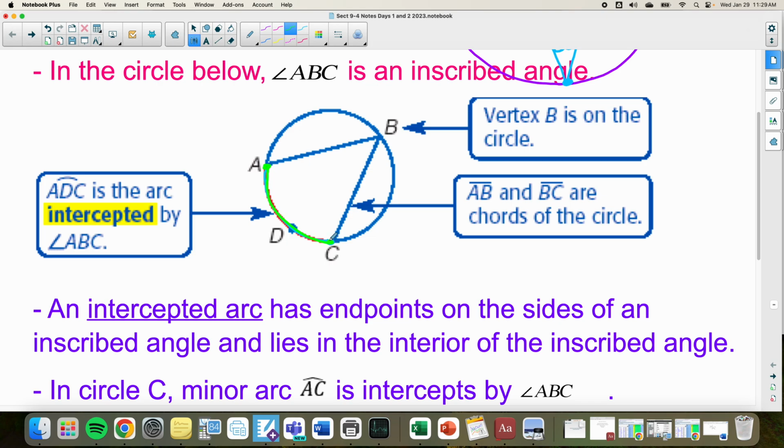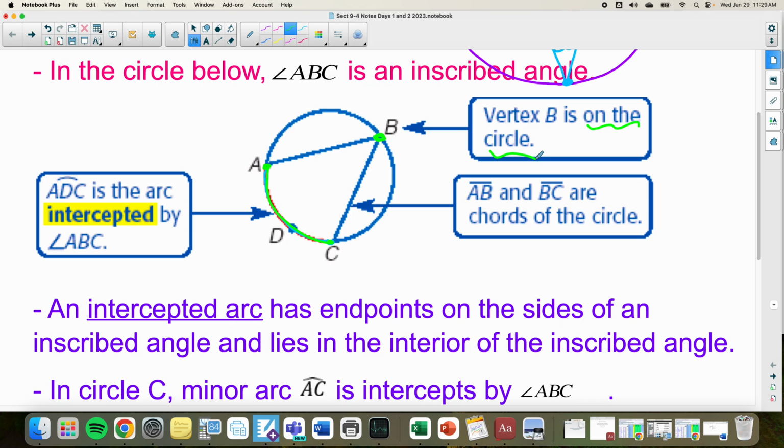Notice these two are chords, and for something to be an inscribed angle, the vertex has to be on the circle, okay? So the only way that you can use this is if you have an angle where the vertex is on the circle and it intercepts an arc opposite it.